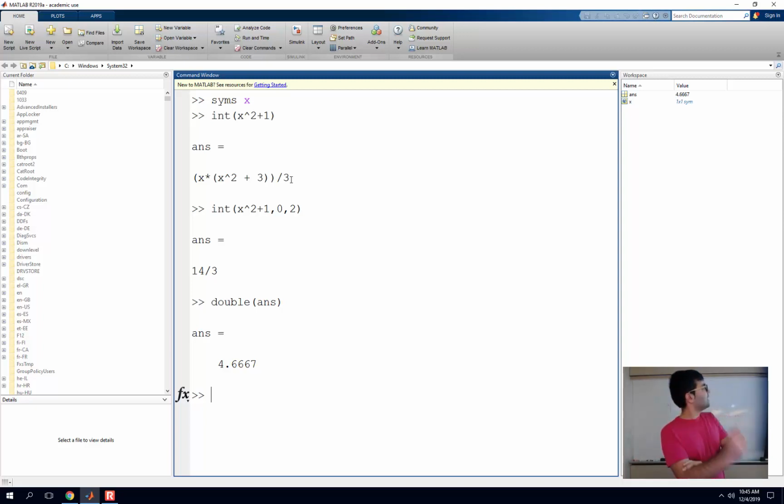So that's the analytical solution. Perfect. Sometimes we don't necessarily have any function, or our function doesn't really have a primitive function.